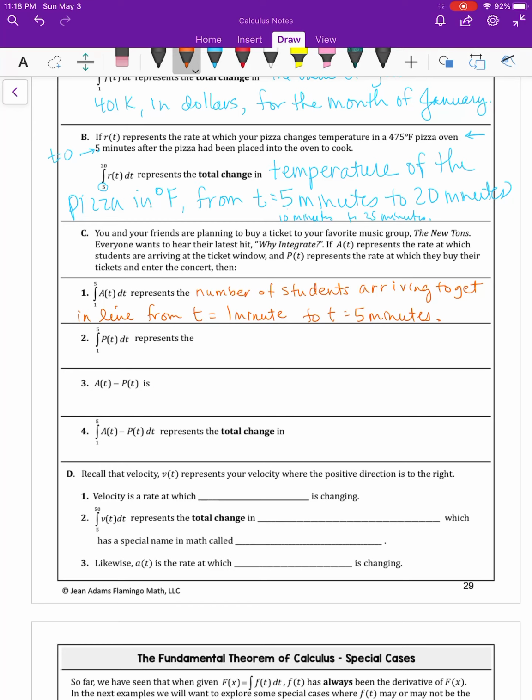It's the rate at which they're arriving at the ticket window.